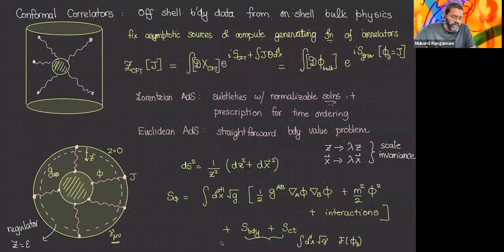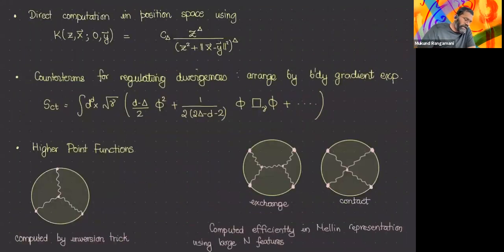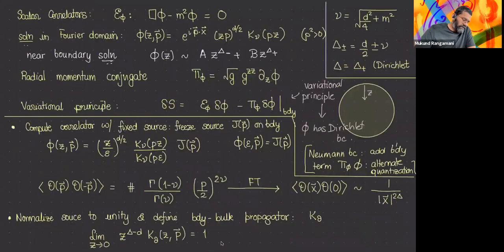But I don't have to do any bulk integral because on shell, I can use equations of motion and integrate by parts. So I only have to calculate phi times pi phi, no deltas anymore. And they are quadratic in the sources.